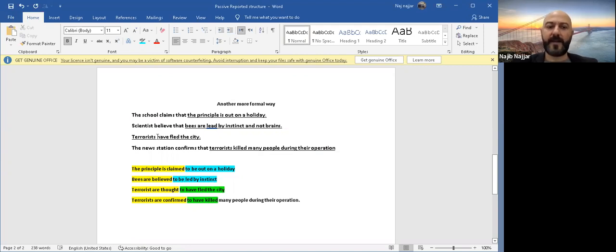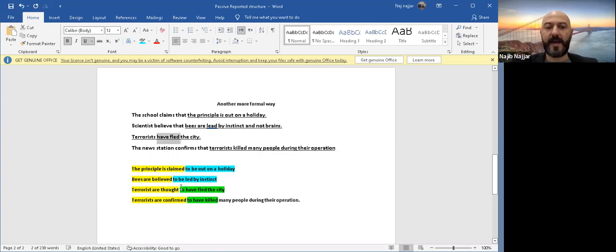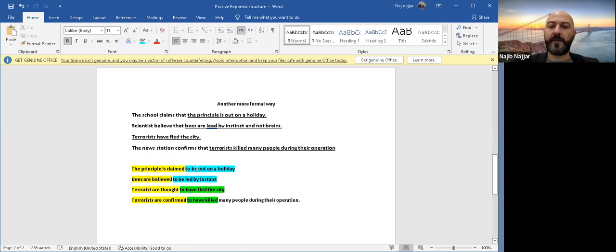Let's take a look at the past here. Have fled is considered a past timing. To have, plus past participle. Another past one. The terrorists killed. This is simple past. Also to have. So bottom line here, okay? If you have any type of present form or future form, what do we use? As you can see in blue, we use to be plus the infinitive form of the sentence.